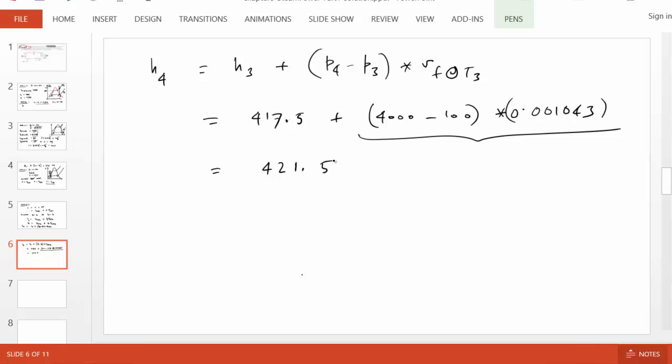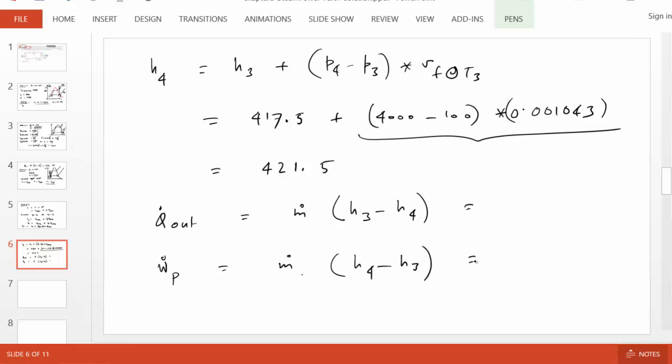So now we can calculate the heat out, Q dot out, as m dot H3 minus H4, and W dot pump as m dot H4 minus H3, the bigger minus small, and we have all these numbers now.